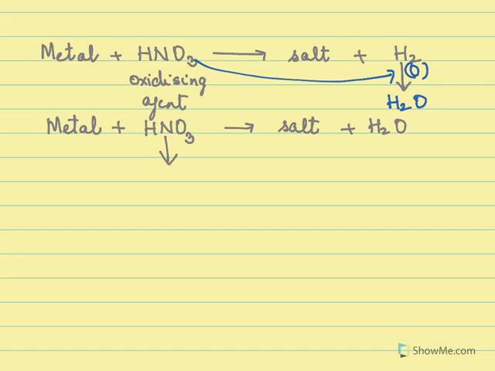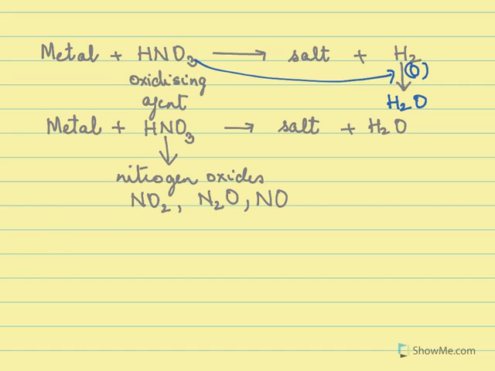And this nitric acid then gets converted into oxides of nitrogen, that is like NO2 or N2O or NO. So metals with nitric acid, you will not get hydrogen. Instead, you will get water because the hydrogen gets oxidized to water.